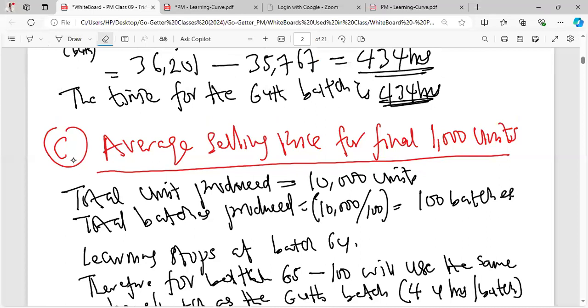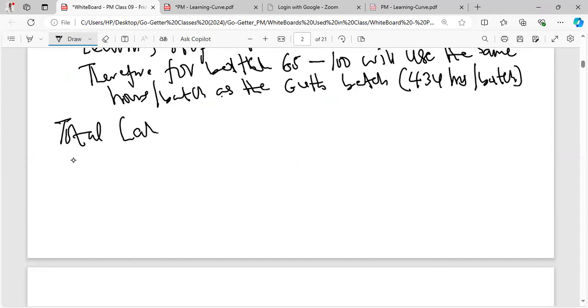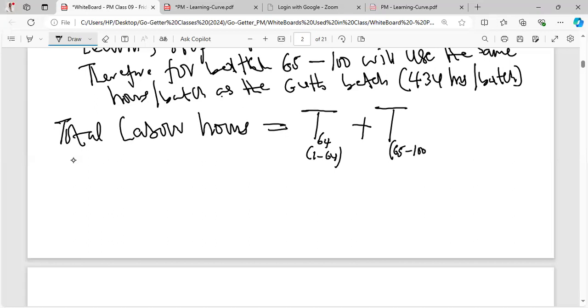So what it tells me now, we'll say T 1 to 64 plus, now this is just my own concept, T 65 to 100.